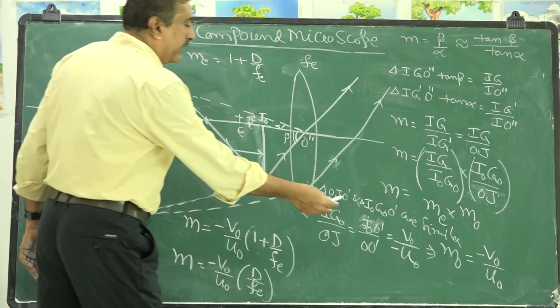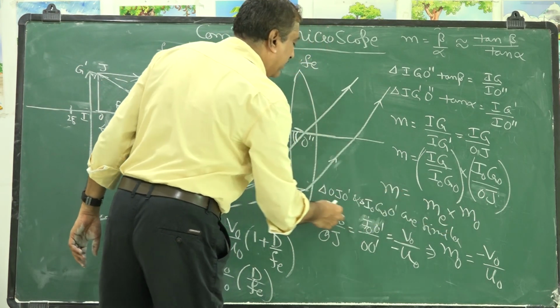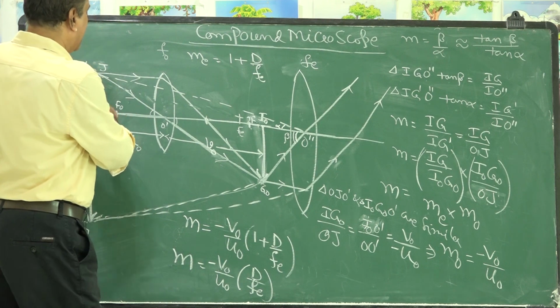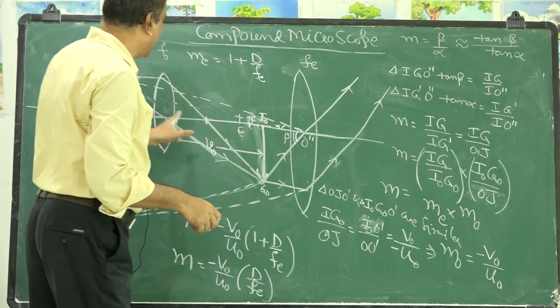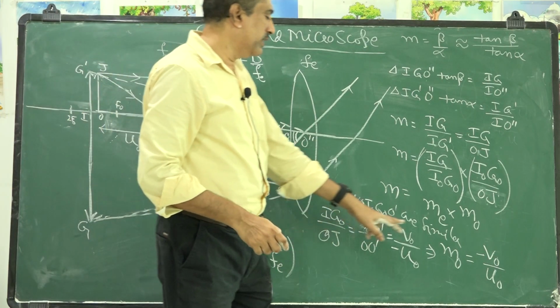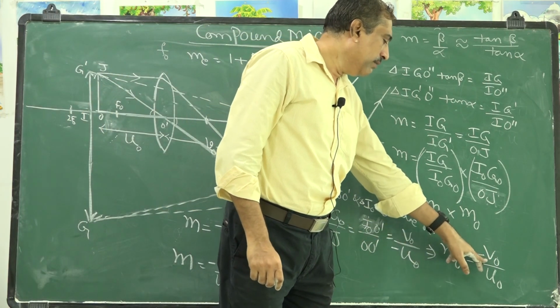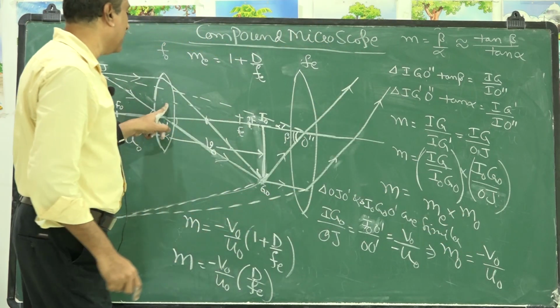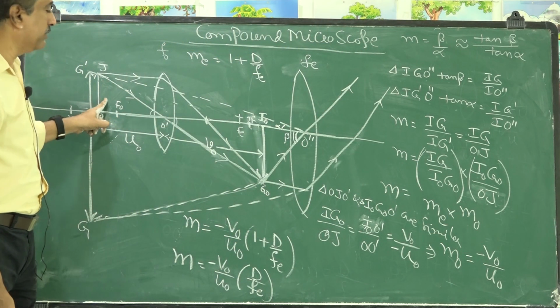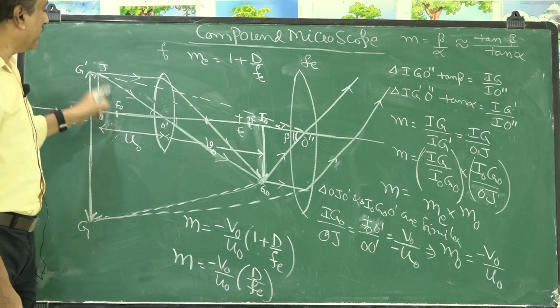The magnifying power of this objective is calculated from these two triangles, and we have derived it as m naught equal to minus V naught by U naught, where V naught is the image distance of this objective lens and U naught is the object distance for the objective.